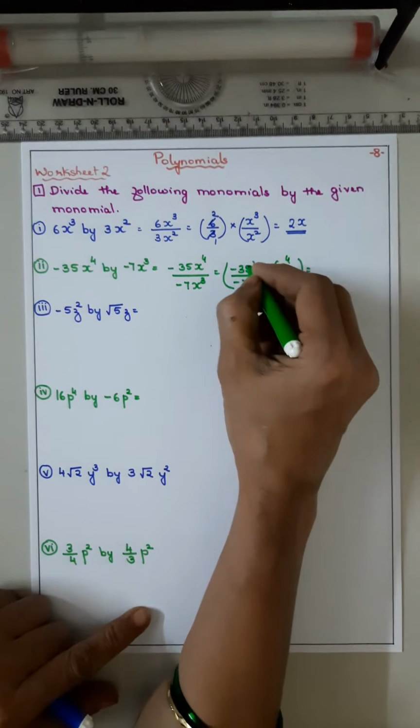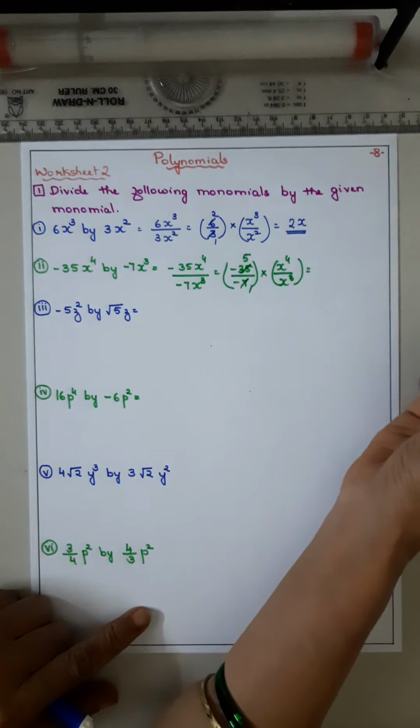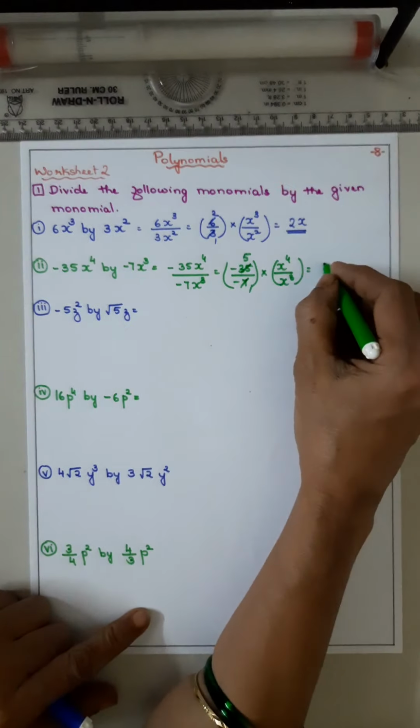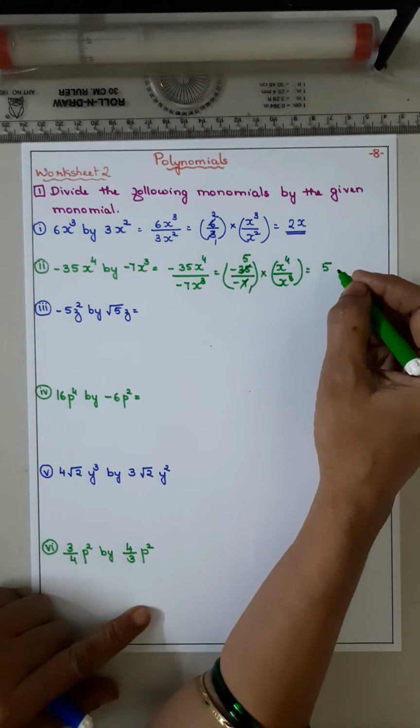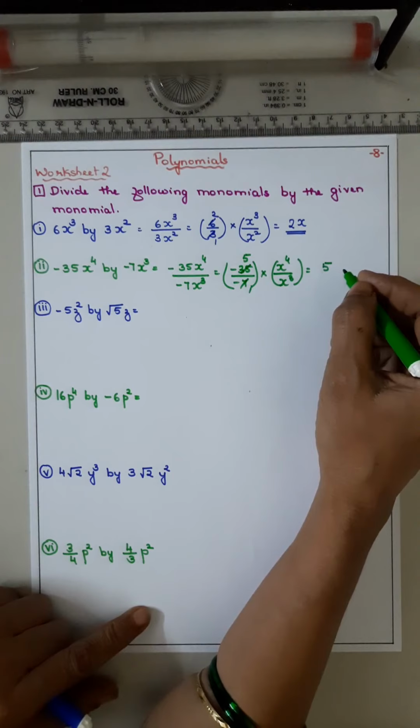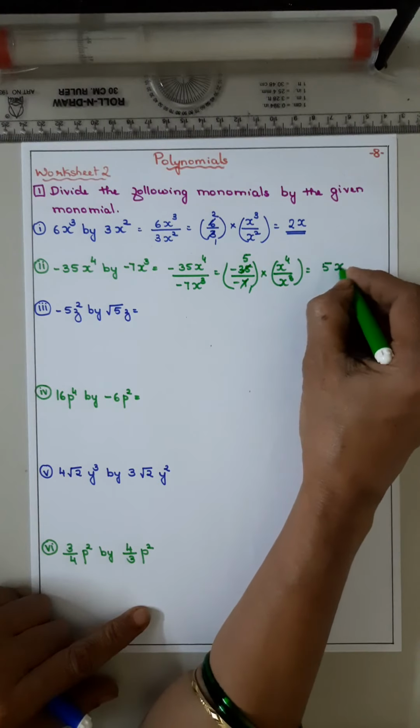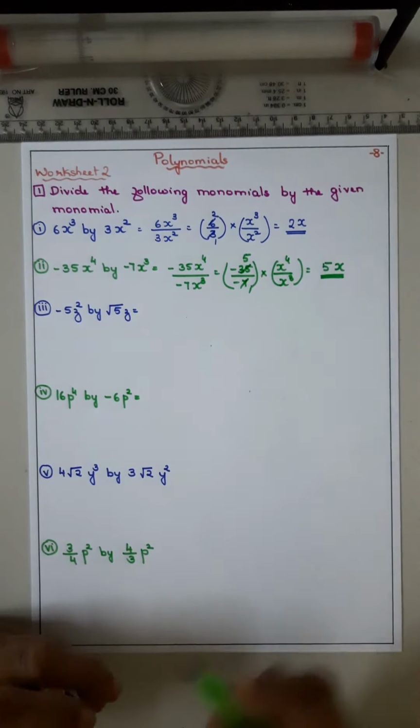So 7 fives are 35, minus minus becomes plus, therefore 5, and x to the power 4 divided by x to the power 3 means 4 minus 3 is 1, that is x.